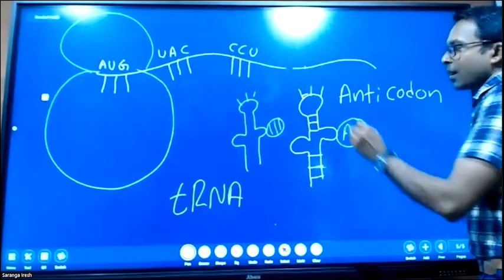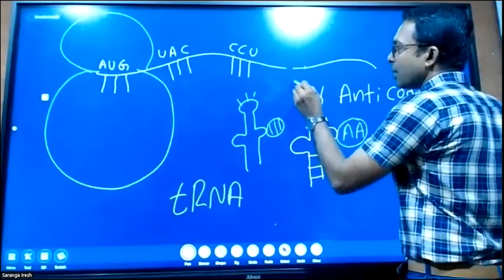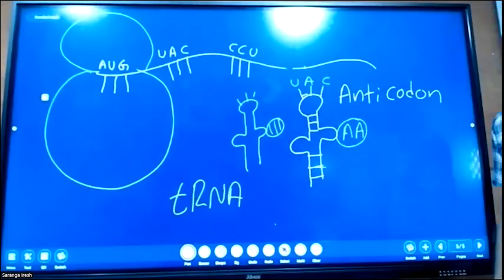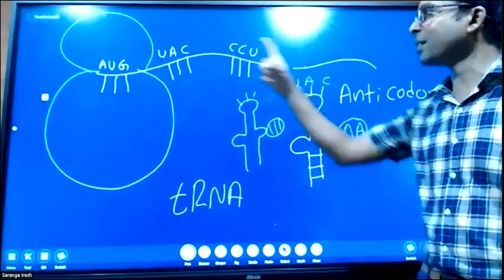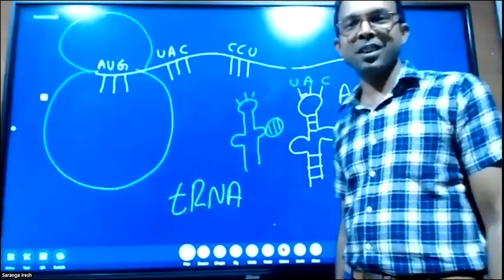Think this anticodon has UAC. Then UAC is complementary to AUG. Then what happens?